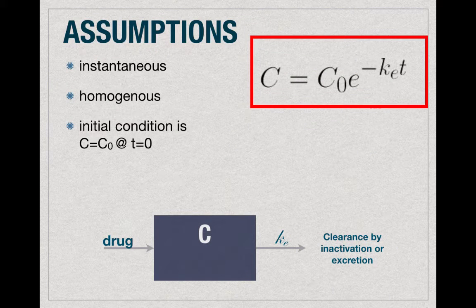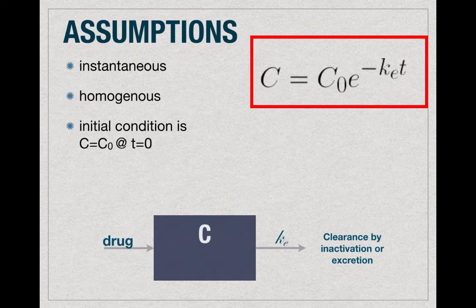So let's talk about the assumptions. Everything we do has assumptions. In order for this model to hold, we have to assume that when we inject it, it is instantaneous. This is a delta function. And that when we do inject it, it is homogeneous. So there's homogeneous mixing. There is no concentration gradient. So we're modeling this as though it's homogeneous mixing.